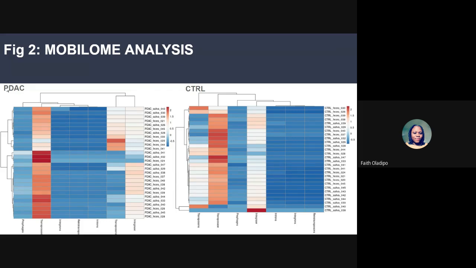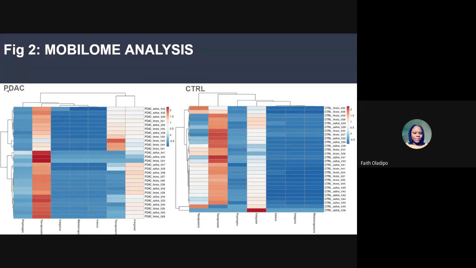The mobilome analysis. The heat map here revealed distinct patterns of virulence gene abundance. What this analysis helped us check is the abundance of the genes. In the whole research, what we wanted to check is the prevalence of these genes in tumor patients and non-tumor patients.